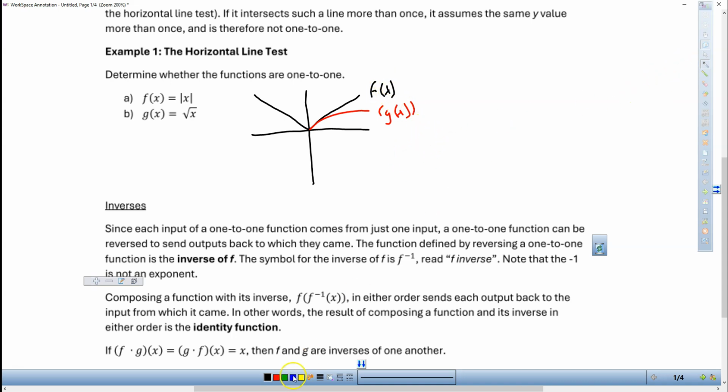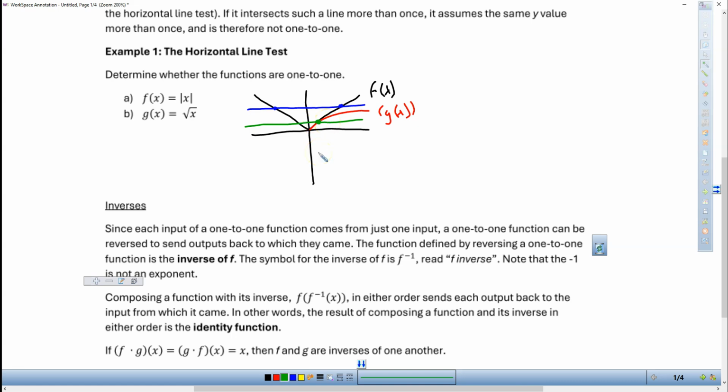So when we look at these two functions, let's do a horizontal line through f of x, and you can see we have 2 points. And when we do that same line, let's do a green one here, for g of x, we only have 1 point of intersection.